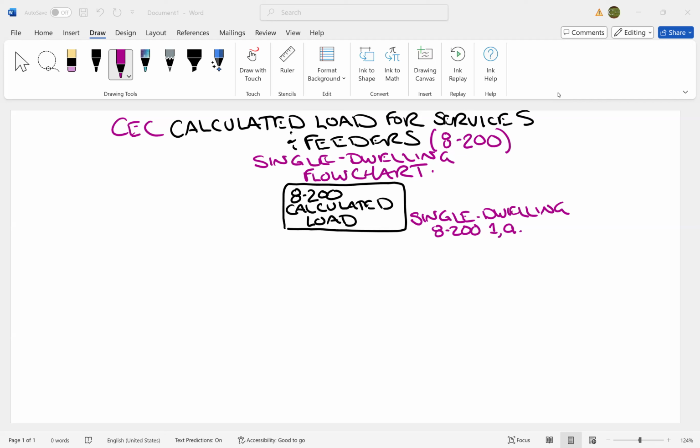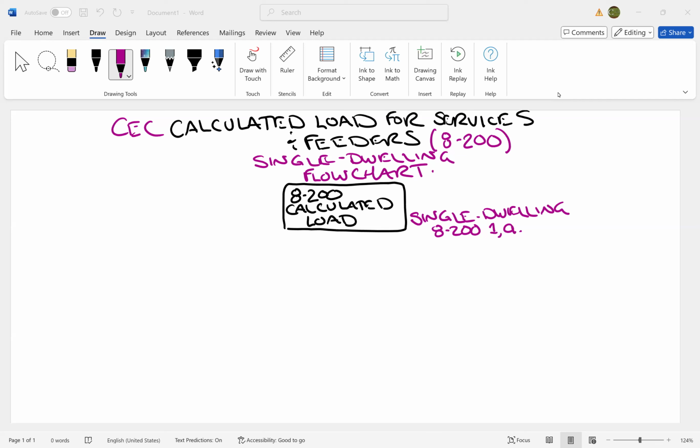The heating load is calculated using 62-118 and multiplied by a 100% demand factor. That just means take the loads in watts that you calculate from 62-118 and multiply by 100%.